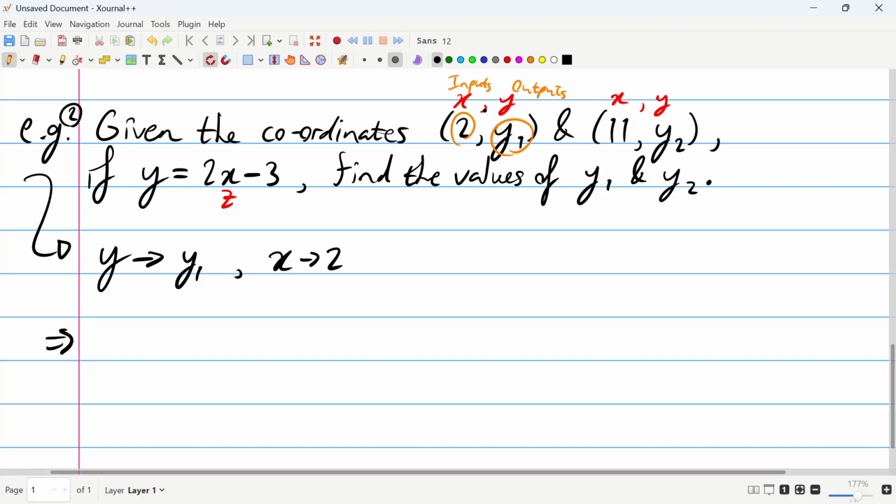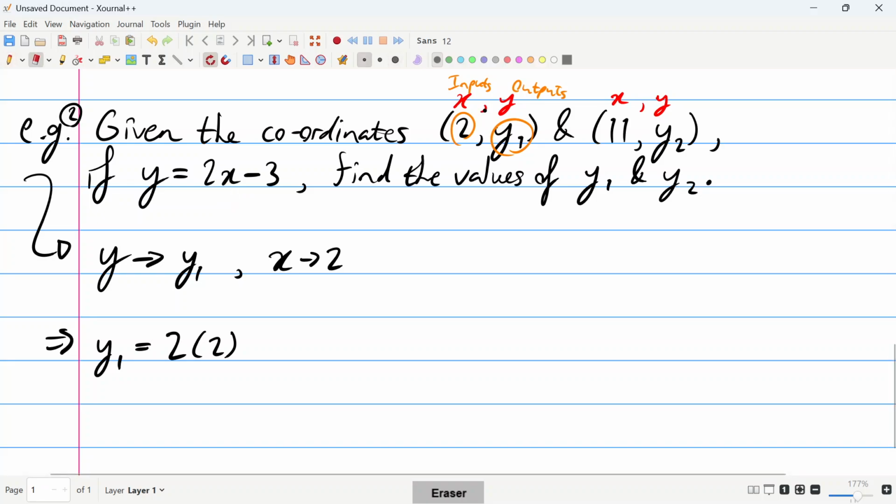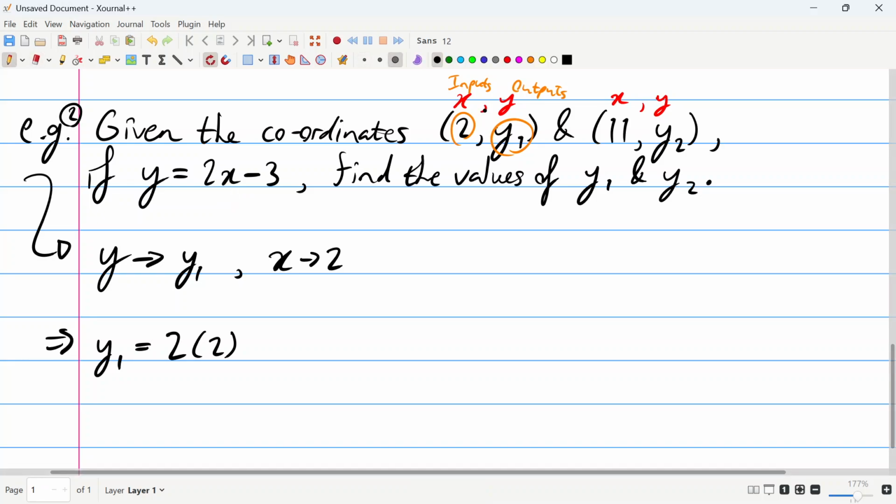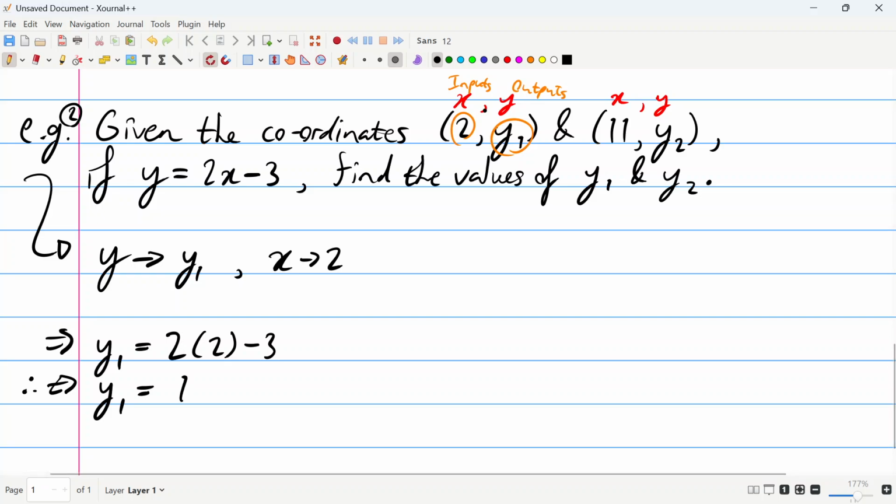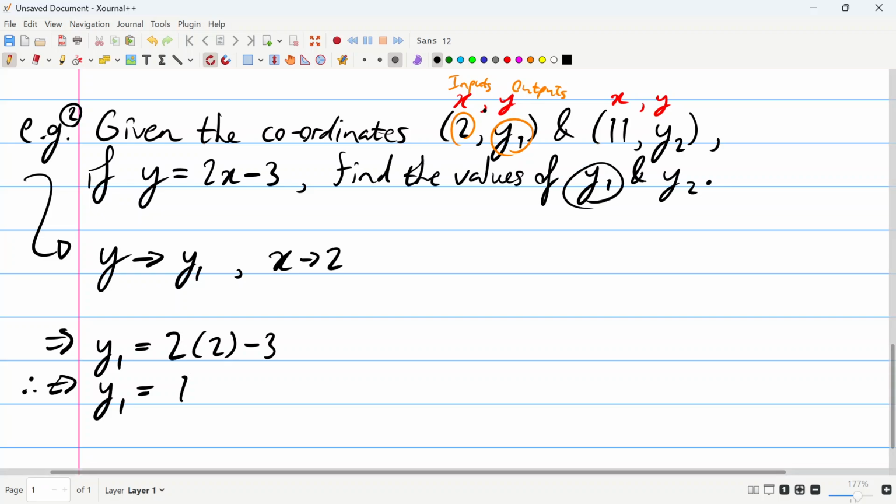Meaning from here, we are going to have y1 is equal to 2 multiplied by 2. Remember, we're replacing the x value with 2 in this case over here. And then we're going to minus 3. Therefore, y1 is just going to equal what? 2 times 2, which is 4, minus 3, which is 1. So there we go. We found the first value, which is y1.